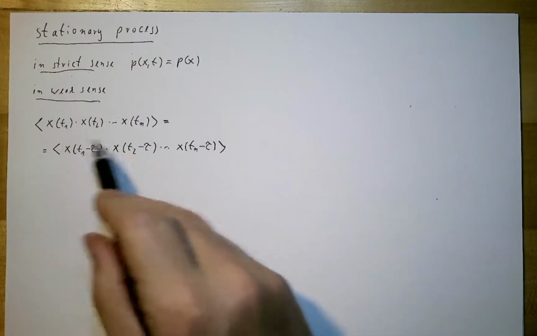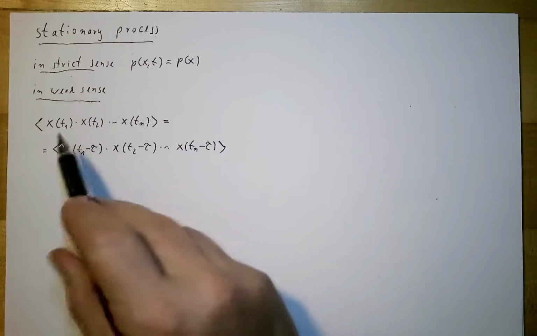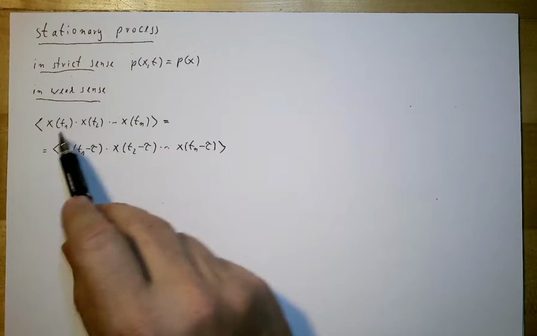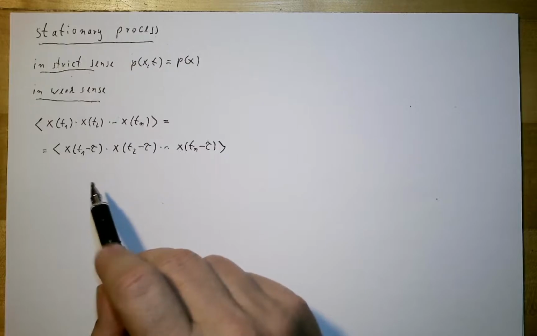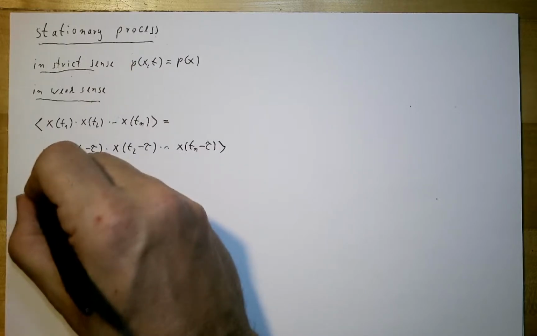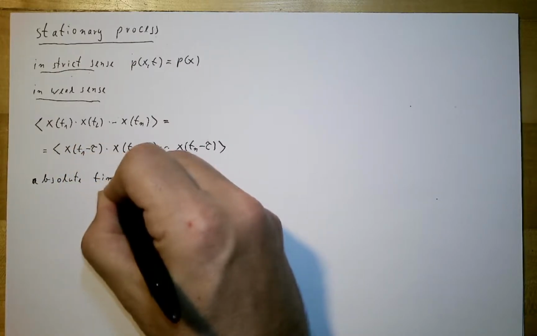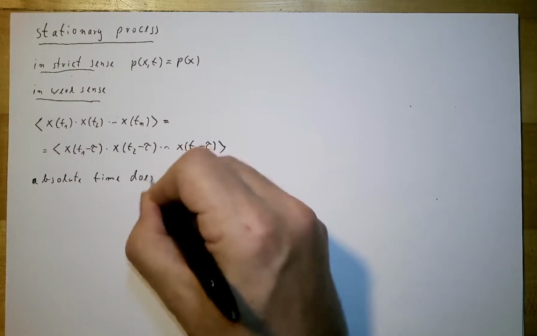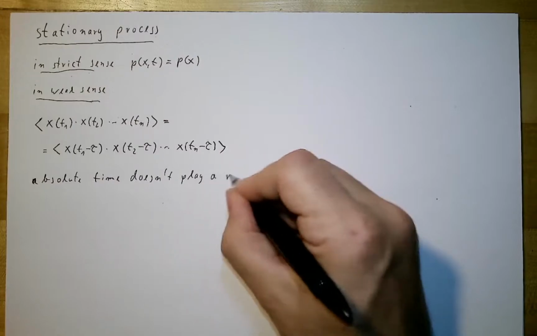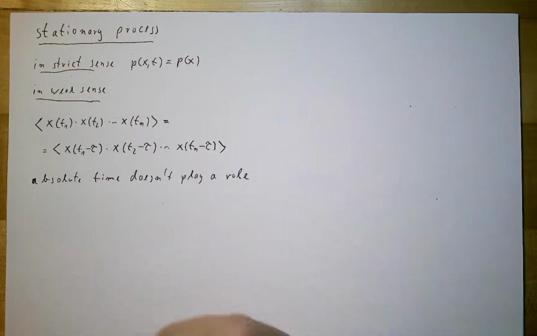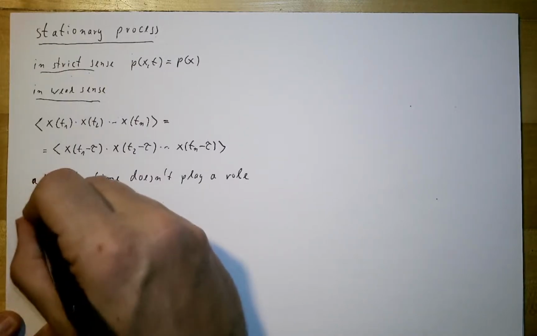So this means the absolute time point doesn't play a role, but only the relative times between the different time points that we have here. So we can say the absolute time doesn't play a role, and only the time differences are important.